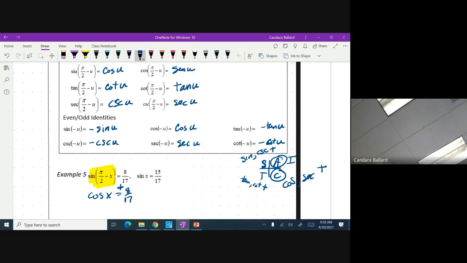Everything else is negative. So we have 1 and 4 to pick from. Now we're looking at sine. Sine is positive. Based on the fact that we've got 1 and 4 to pick from, where is the sine positive? Tell me in the chat. What do you guys think here in the room? Good job.